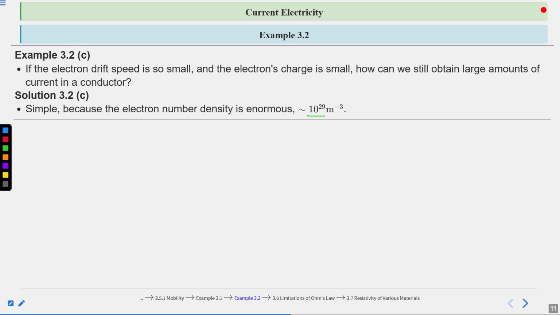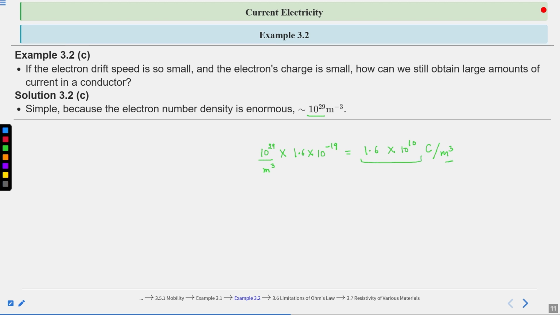We can calculate it with the number density: 10^29 times the charge on one electron, 1.6 × 10^-19. If we solve it, it comes out to be 1.6 × 10^10 coulomb per meter cube, because that is the number density per meter cube. So that amount of charge is present per meter cube of conductor.